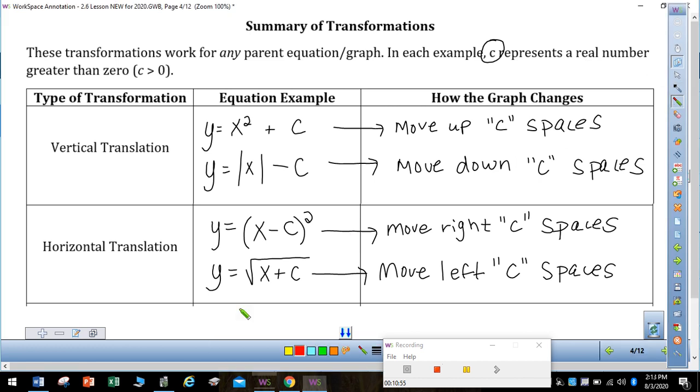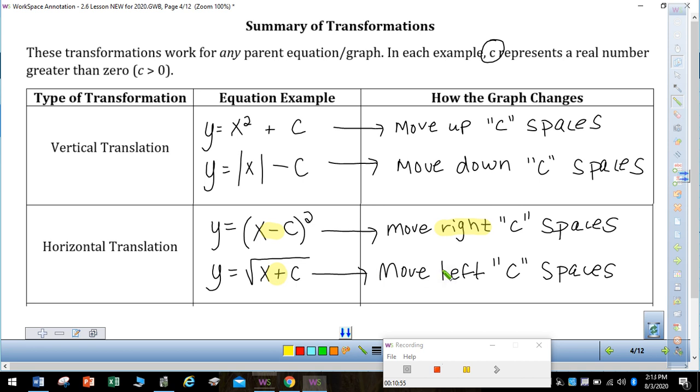One thing that I think is interesting to comment on is that the horizontal translation, moving left-right, appears to be opposite of what we would think. In the equation, we're subtracting on the inside, but it actually moves to the right. Normally, when we think about subtracting, we think about a number line, getting smaller, and we might think about moving left, but it's actually opposite.